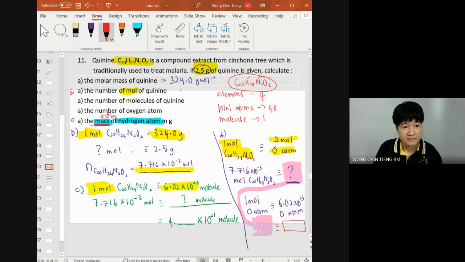Keyword soalan. Soalan kata mass. I'm definitely using molar mass already. Dan sebelum saya nak dapat mass tu guna molar mass, saya kena ada number of mole. Betul? Dan soalan nak hanya pasal hydrogen atom. Number of mole siapa yang kita nak cari? Number of mole hydrogen atom sahaja. Nampak?